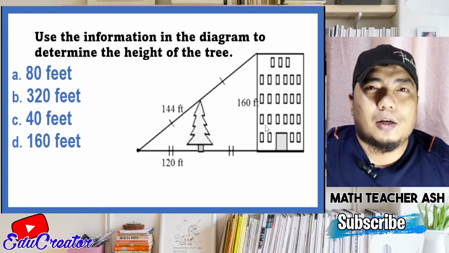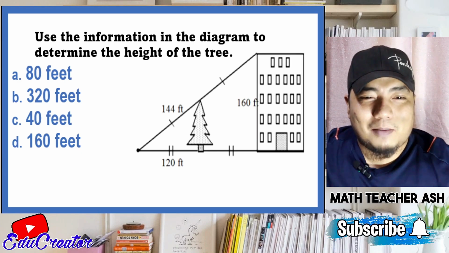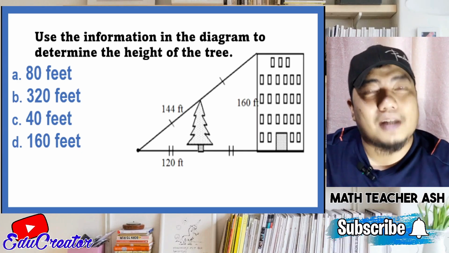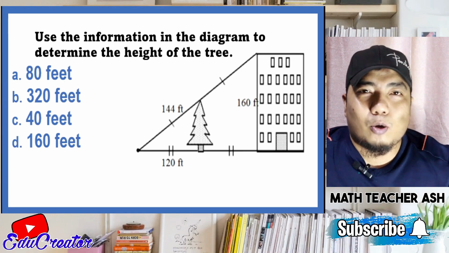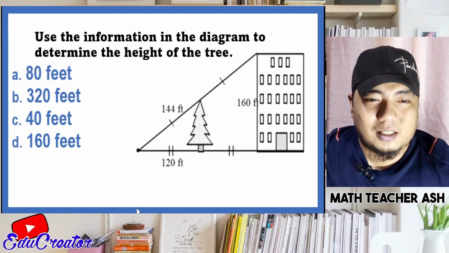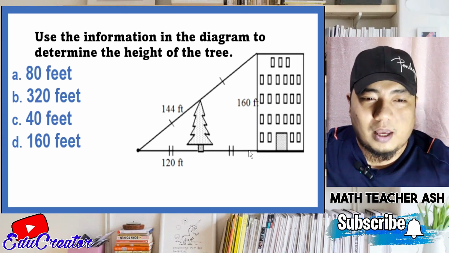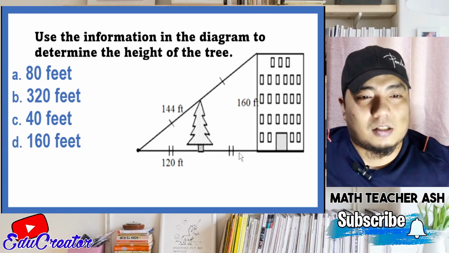Now, this may be an application of the similarity of triangles. However, you can also discard this given here, this 160, and these two given tick marks. Why?